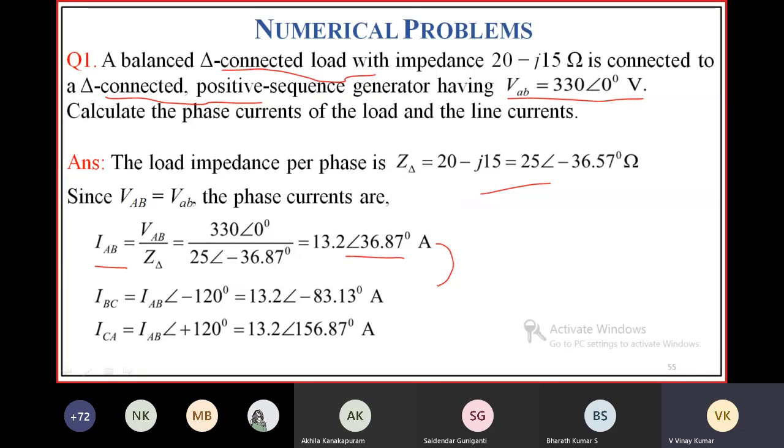Then you add plus 120 degrees to this. You add plus 120, or minus 240. That was correct, plus 120.